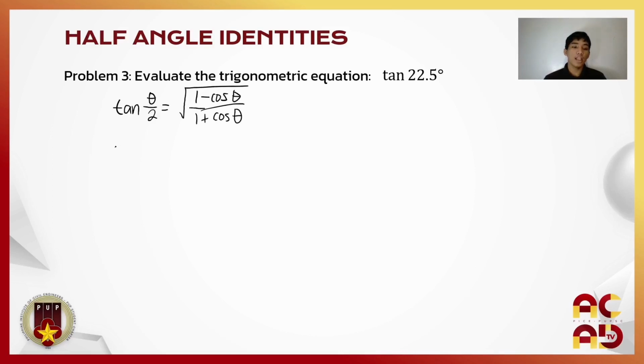So, dahil yung tangent 45 degrees over 2 will give us tangent 22.5 degrees. So, ang theta natin ay 45 degrees. So, just substitute that. So, dapat pamilyar na rin tayo sa value ng ilang trigonometric functions.